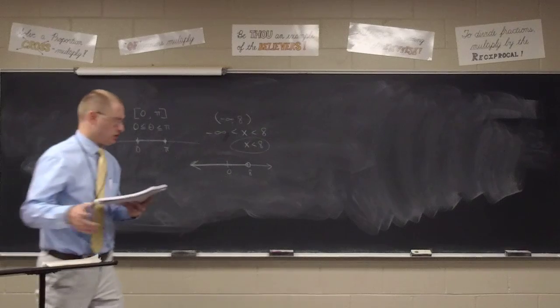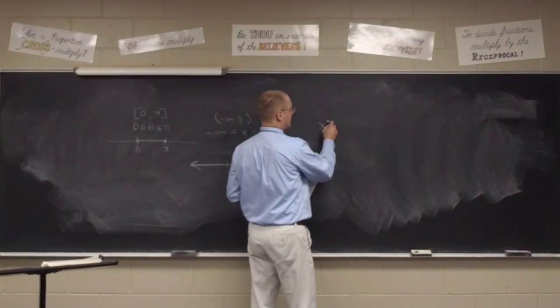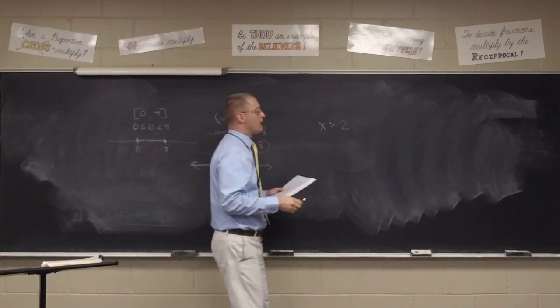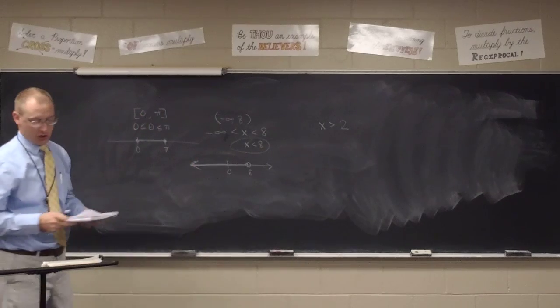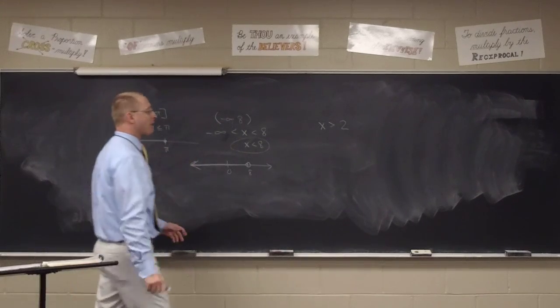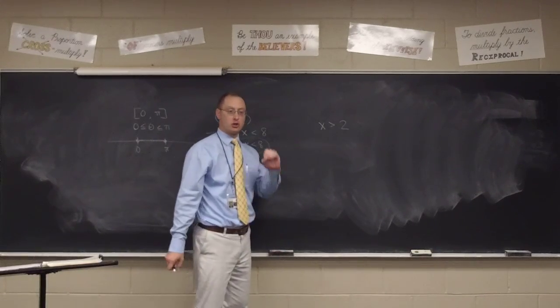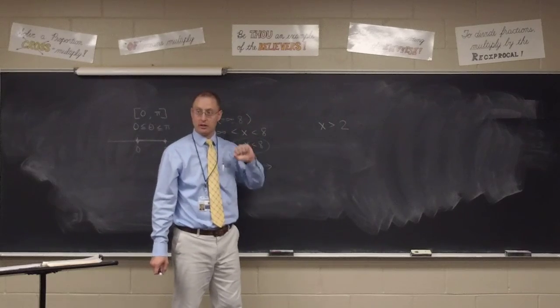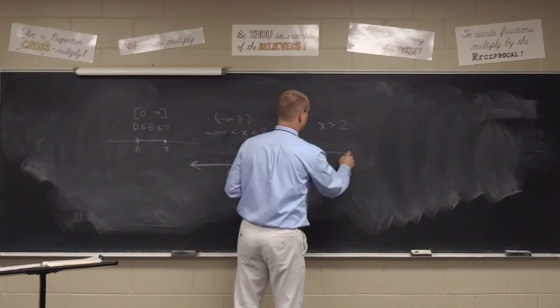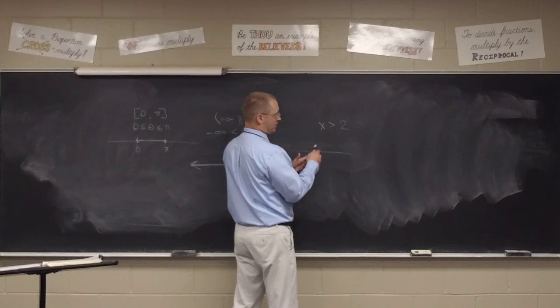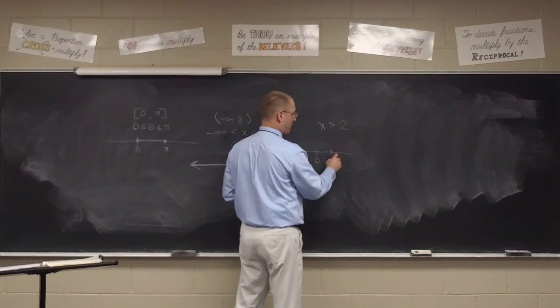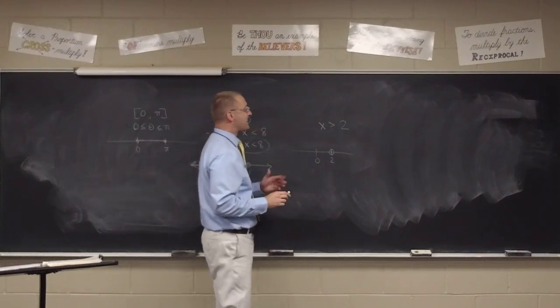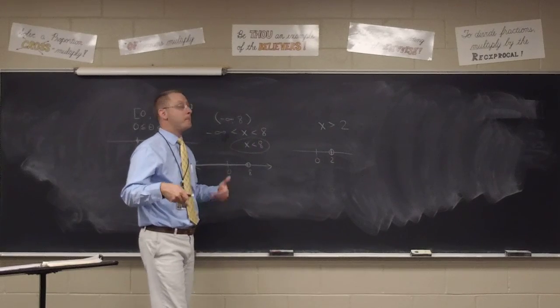So let me give you these then. What if I just said x is bigger than 2? If I were to graph this on the number line, I would start by putting a circle at 2. And x is everything bigger than 2.